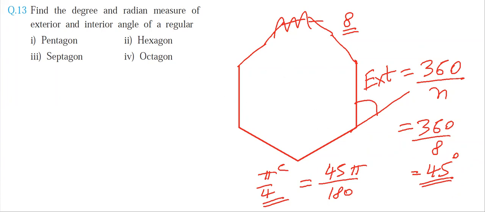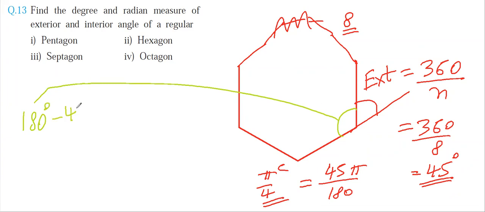What about the interior angle? This is called the interior angle. What will be the interior angle? Interior angle is 180 degree minus 45 degree. Okay, 180 minus 45, so that comes out to be 145 degree. Okay, no, not 145, 135 degree.